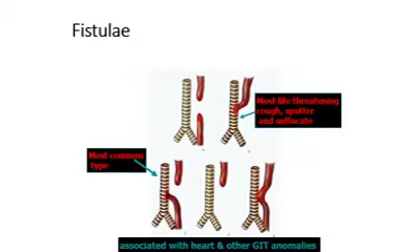This diagram again demonstrates that this type of anomaly is the most common, with a blind upper esophagus and the lower esophagus connected by a fistula. The next most common is type A, where both parts of the esophagus end blindly, total interruption in the esophageal lumen.